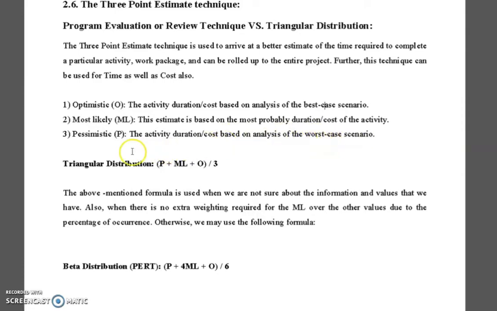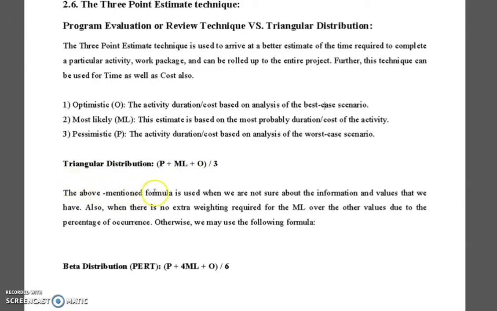So the triangular distribution formula is P pessimistic plus ML most likely plus optimistic, divided by 3. Divided by 3, this is the average of the 3 variables that we have here, which we call the triangular distribution.